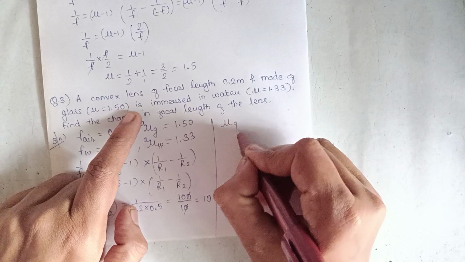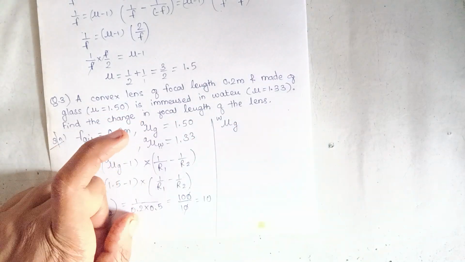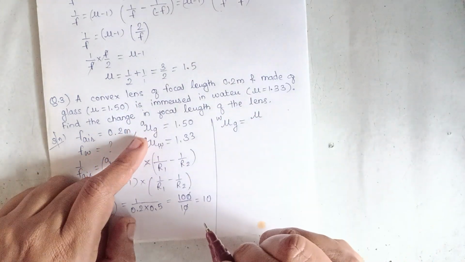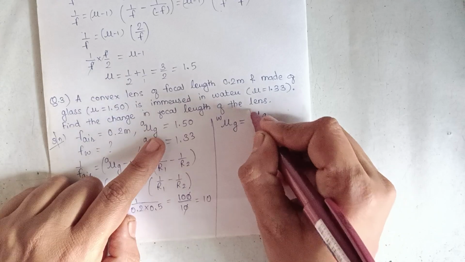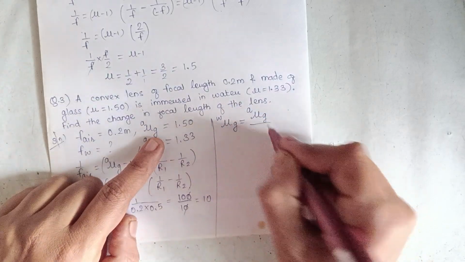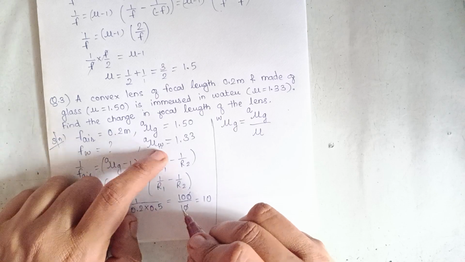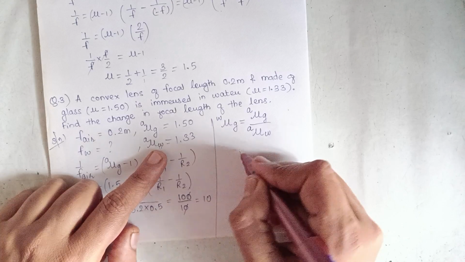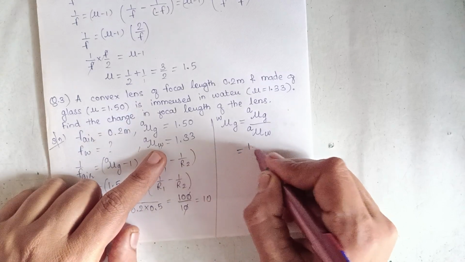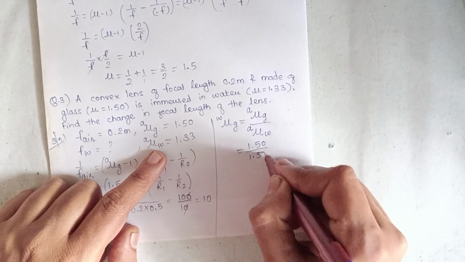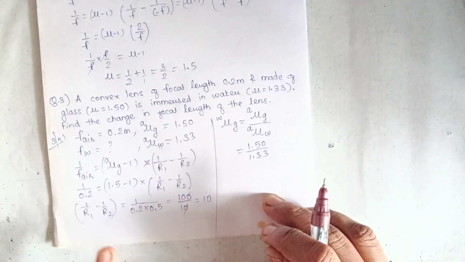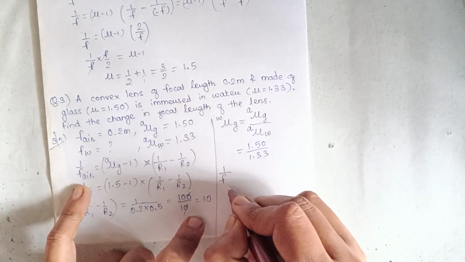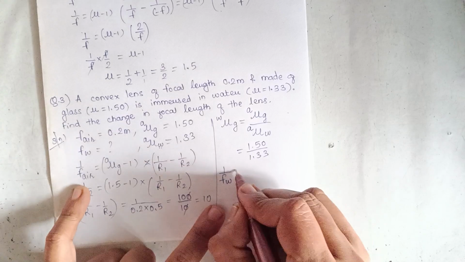That we can find by using the refractive index of glass with respect to air upon the refractive index of water with respect to air. So this will be 1.50 upon 1.33. This we have to use when we are finding the focal length in water.